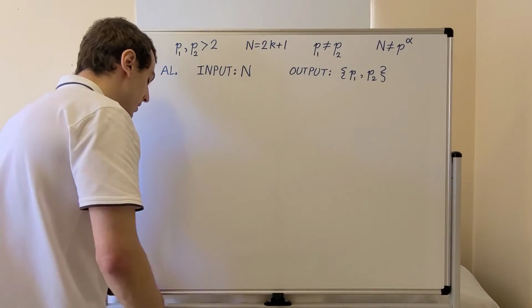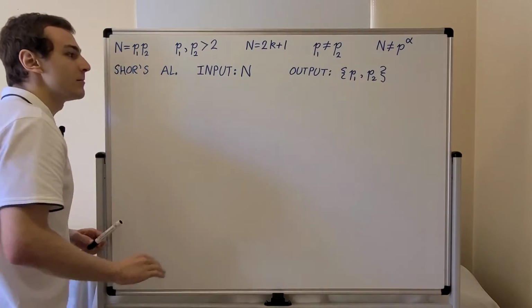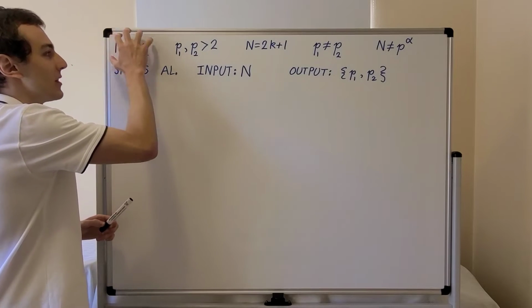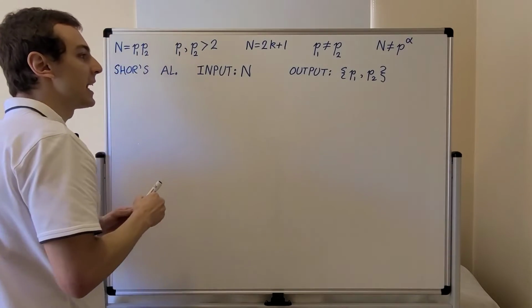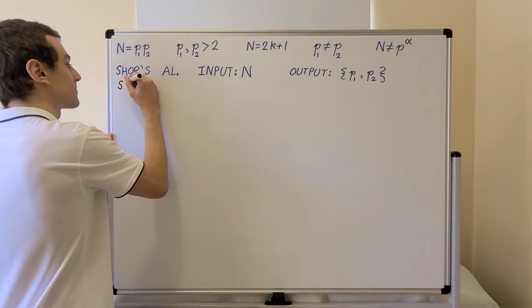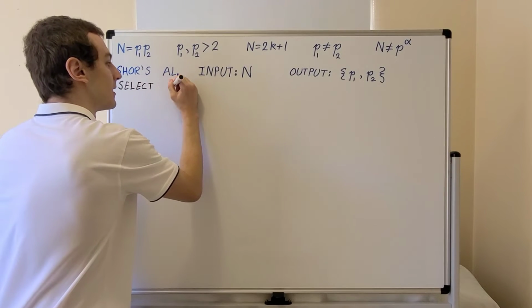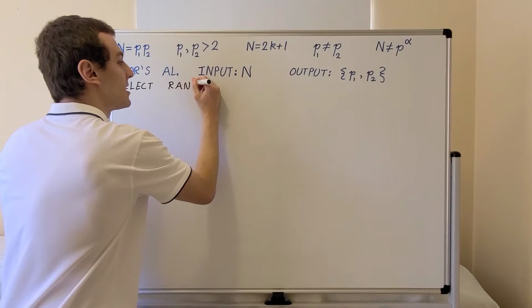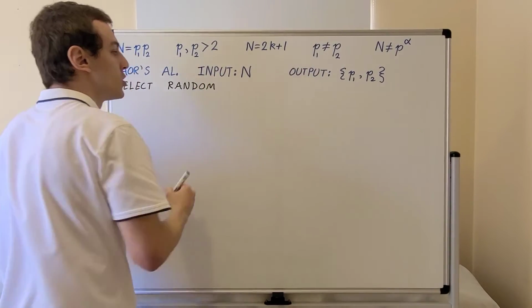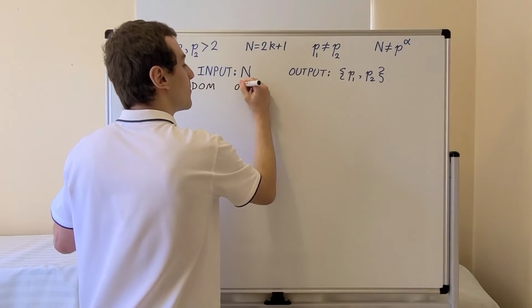The first step of Shor's algorithm, once we are dealing with this kind of situation over here, is to select a random positive integer, which I'm going to denote as a.